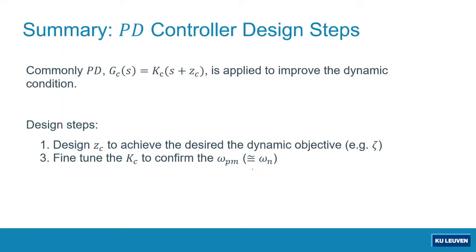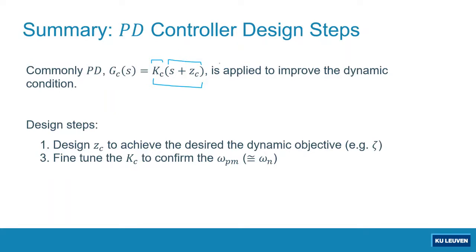Just to conclude here, commonly, again, I have already discussed this at the beginning, the PD controller is applied to improve the transient performance, to improve the dynamic condition. And the PD controller structure looks like this, right? Where the dynamic part of the PD controller is S plus ZC and KC is the gain of the PD controller. Design stepwise, we only have two steps.